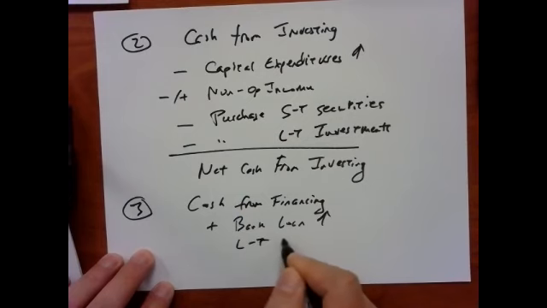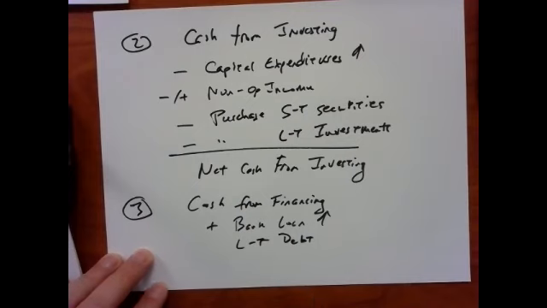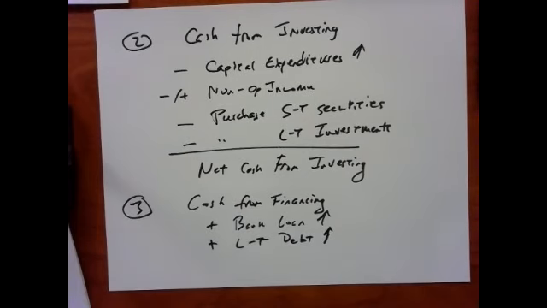You can have other kinds of long-term debt. So if I increase my long-term debt, so if I issue bonds, which we'll talk about a lot more later on, I'm getting a loan from the market as opposed to a loan from an individual bank, right? That means cash is coming into my organization.